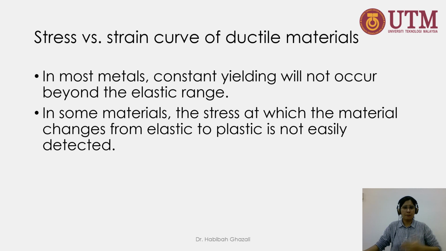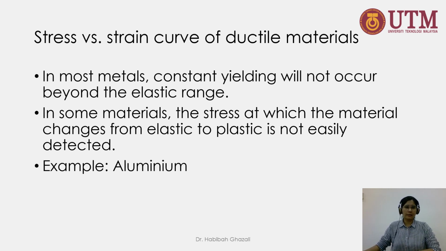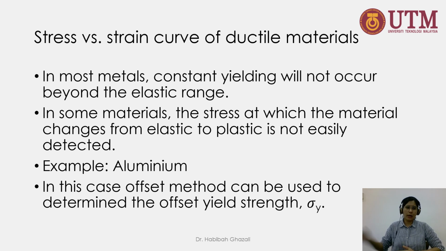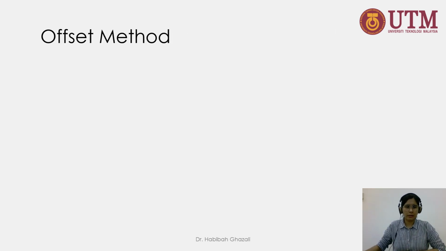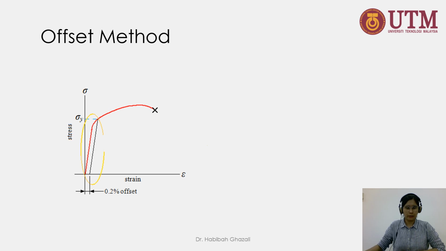In some materials, the stress at which the material changes from elastic to plastic is not easily detected. For example, for materials like aluminum, the stress strain curve will look totally different. In this case, we have to use the offset method to determine the yield strength. The stress strain curve of aluminum will look like this.